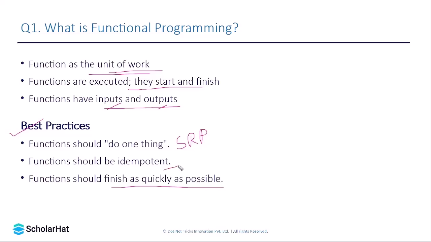What do you mean by idempotent in the first place? Whenever you create a function, let's say a web API, you just call that web API. Now if you are calling that web API multiple times with the same parameter, and it is idempotent, then it automatically caches the response and will not hit the server again and again.